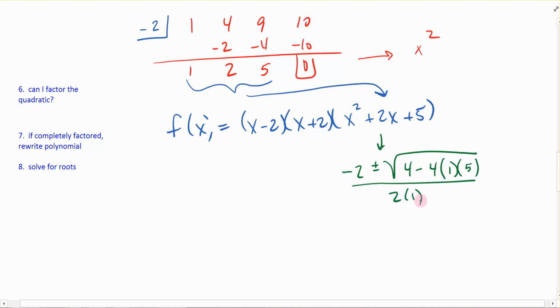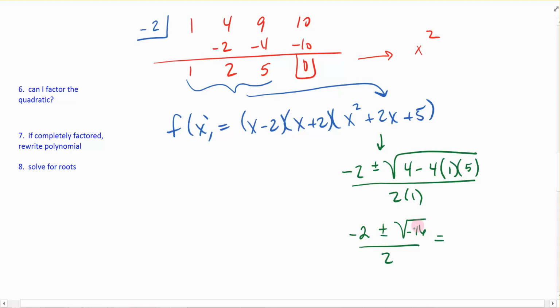So that's going to simplify to give me negative 2. Oops, I'm sorry. Negative 2 plus or minus the square root of 16 divided by 2. Not 16, it's the square root of negative 16.